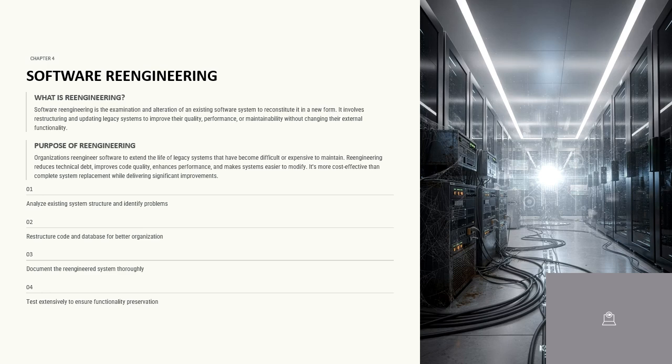Why? To improve quality and maintainability. Very easy. Okay. So we are restructuring, we're not rebuilding, right? The existing thing we are restructuring so that we can improve the quality. So this definitely is cost effective compared to rebuilding.